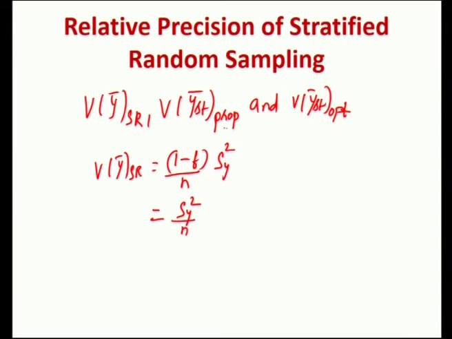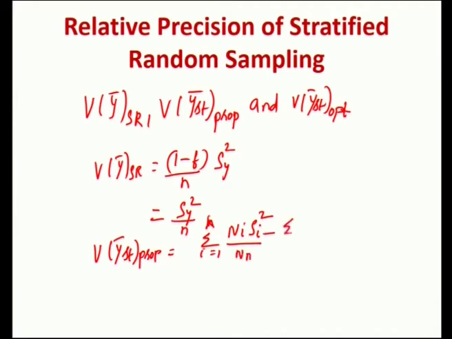Now, variance of Yst bar in proportional allocation, we know that it is equal to summation over i is equal to 1 to k Ni Si square divided by capital N into small n minus summation Wi Si squared by small n.